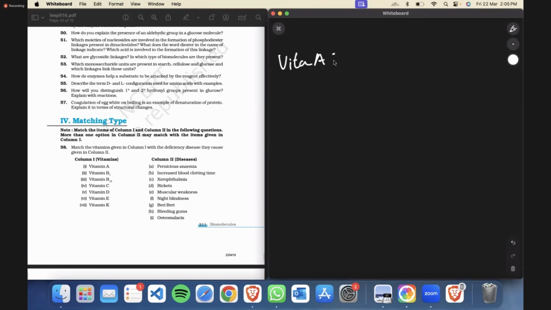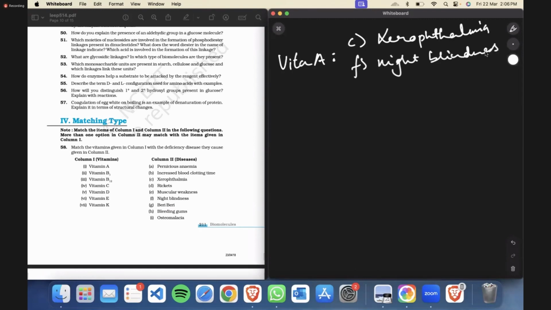Vitamin A causes xerophthalmia and night blindness. Alright. Next up, vitamin B1, beriberi. Vitamin B1 causes beriberi.